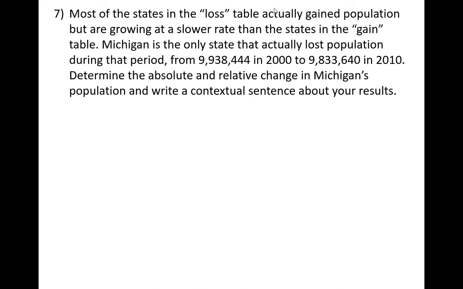Determine the absolute and relative change in Michigan's population. Okay, let's do that. Absolute change is final minus beginning amounts. So in this case, our final 9,833,640 minus 9,938,444.